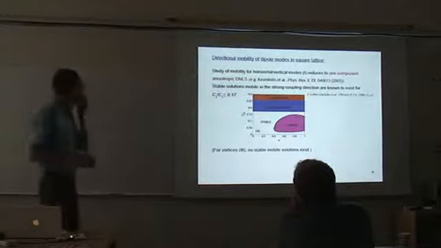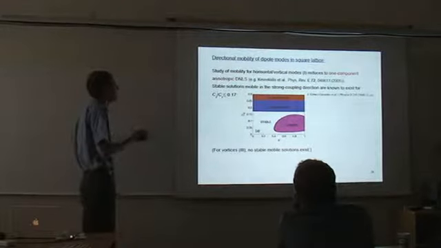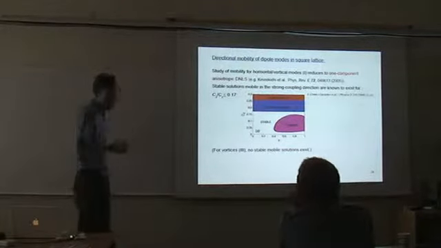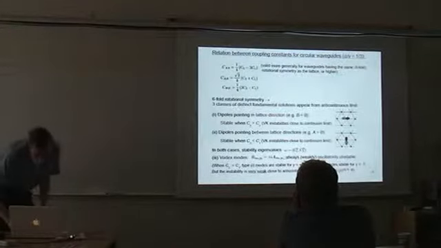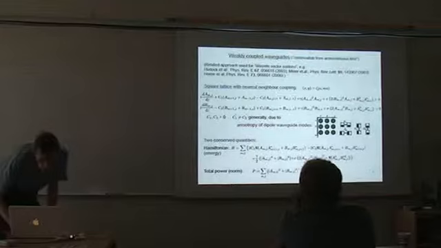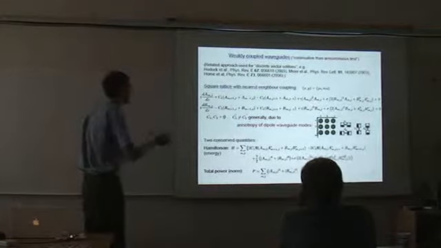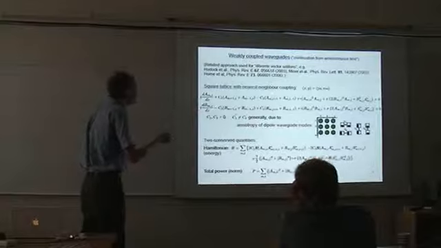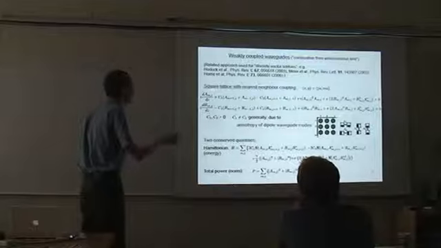Okay, so some words about this directional mobility that I mentioned in the beginning. If you look at the single horizontal or vertical mode, either A or B will be 0, and then your equation here will be very simple.